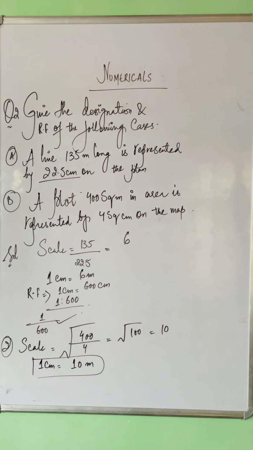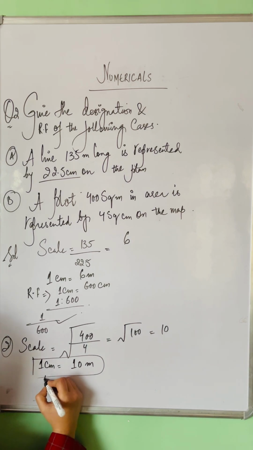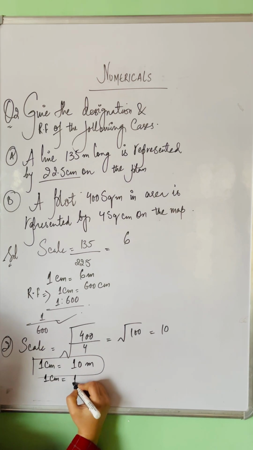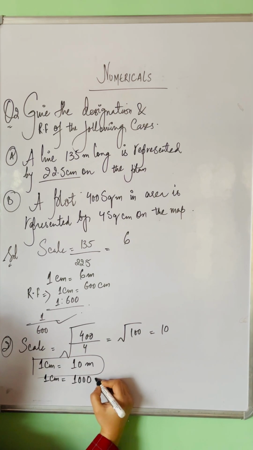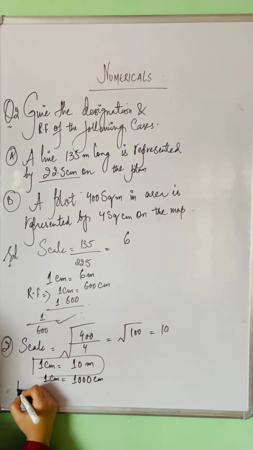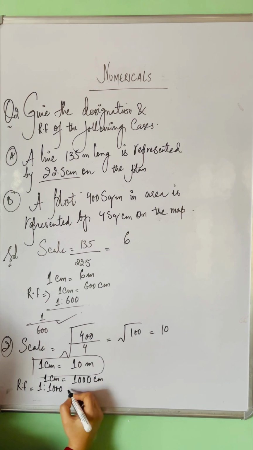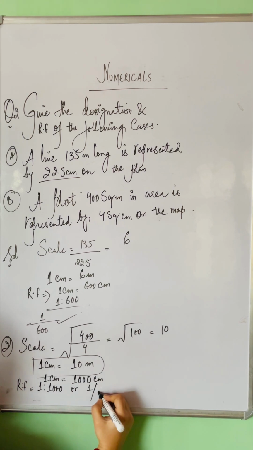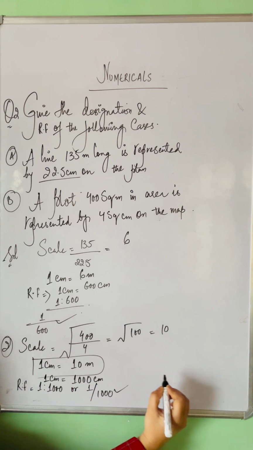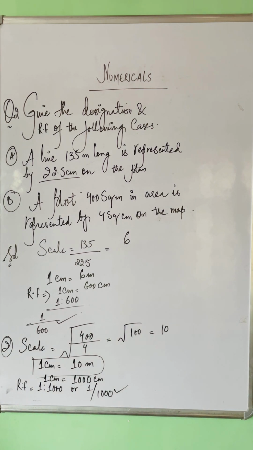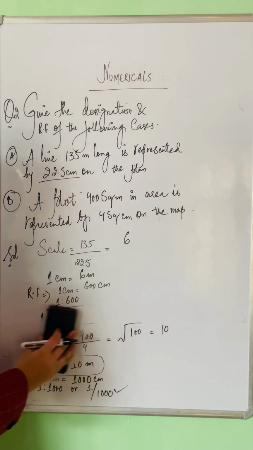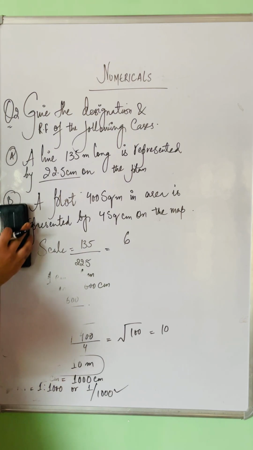Every 1 centimeter on the map represents 10 meters on the ground. So every 1 centimeter represents 1000 centimeters on the ground. That means representative fraction will be 1 by 1000, right? So this was the question, and this is solved. Let's move on to the next one.